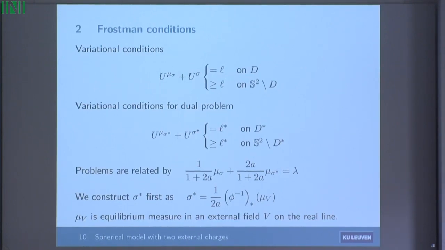And these two problems are related to each other because we want mu sigma and mu sigma star to be Lebesgue measures restricted to two disjoint subsets of the sphere.